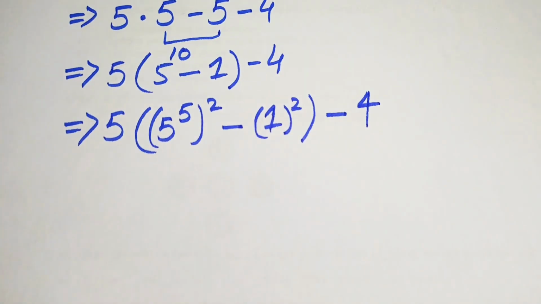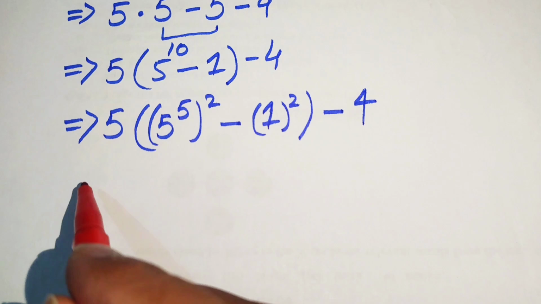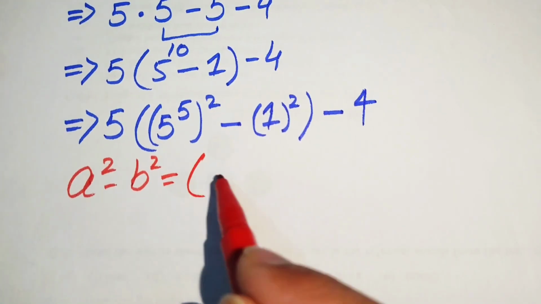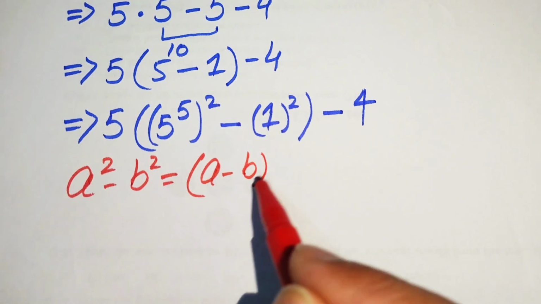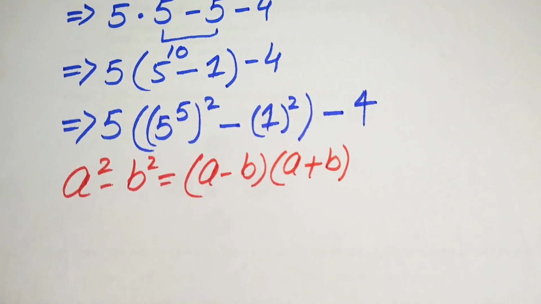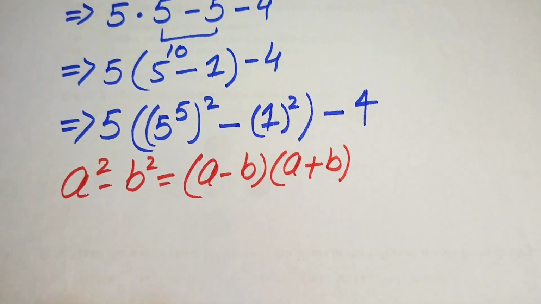Now we need a nice square identity, and you know about this identity: a square minus b square is equal to a minus b times a plus b.